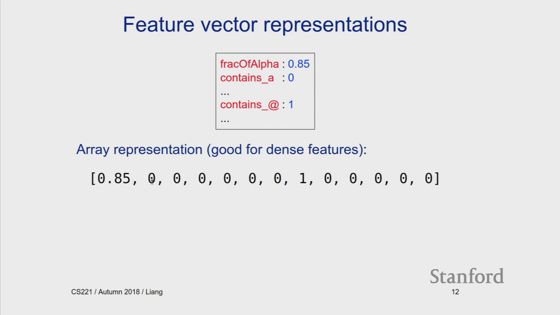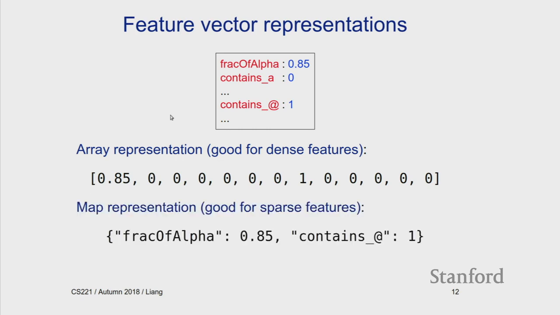But as we mentioned before, this can be really inefficient if you have feature templates that give rise to a lot of features, very few of them being 1 at any given time. Array representation is great if you have, for example, pixel intensity, because it's one feature template, but it gives rise to a bunch of features, and every position in the image does have a value, probably a non-zero value.